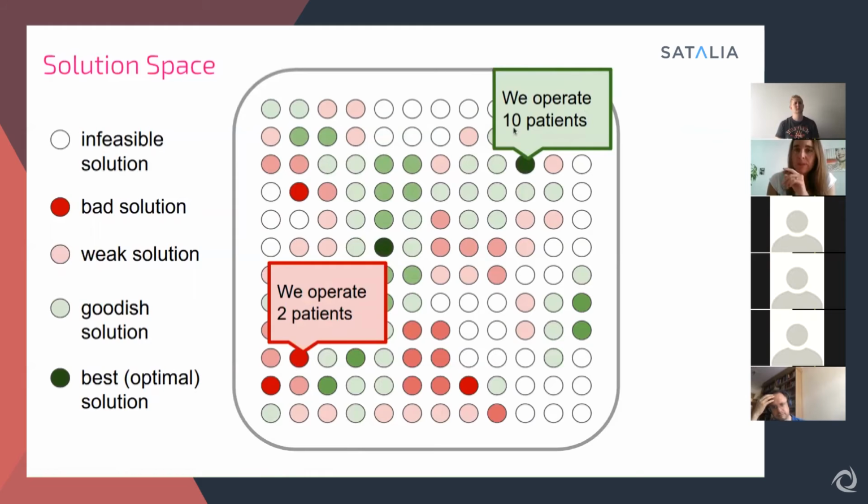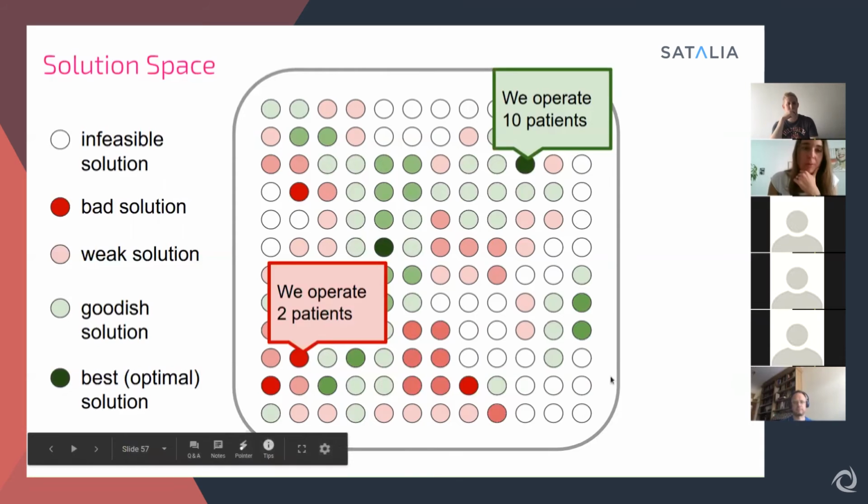This also means that there is no solution where we can operate 11 patients. So this is a kind of upper bound. An infeasible solution would be one, for instance, where we might be able to operate 20 patients, but there is no space in the ward, and this is why it's infeasible.